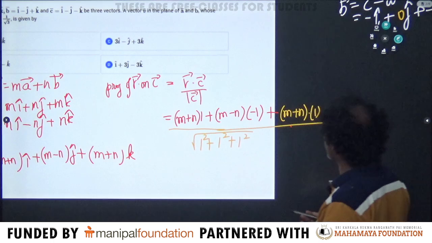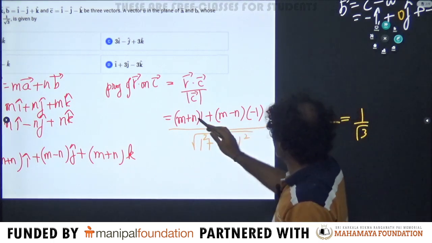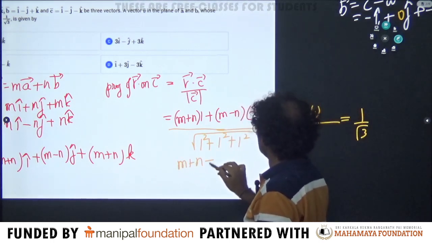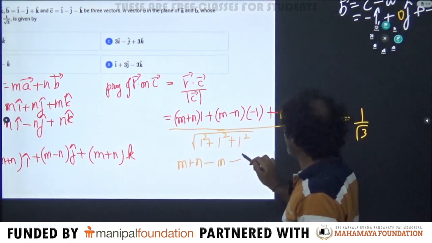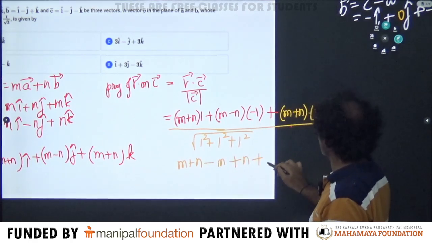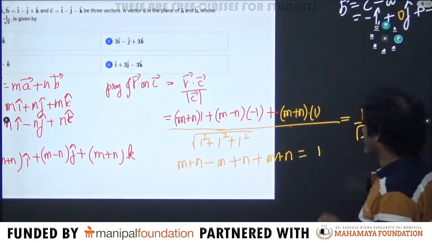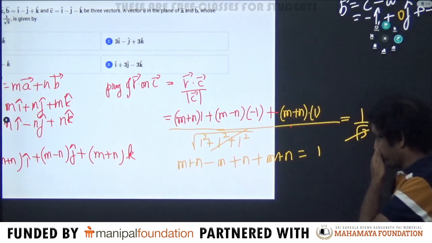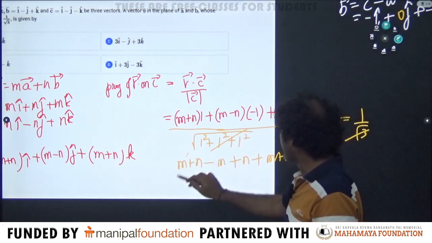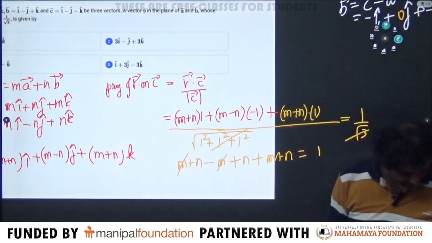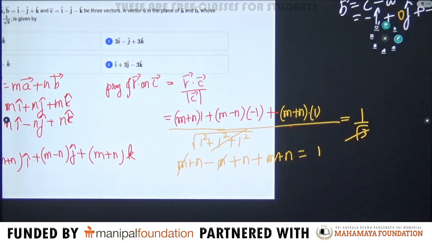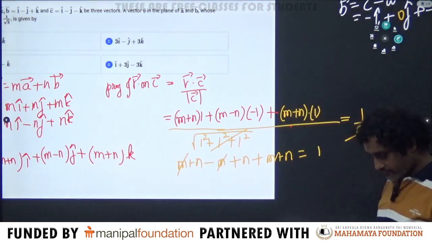So what we do is, just look at the top: m plus n, the plus becomes minus, minus m plus n plus m plus n is equal to 1, because this is root 3 and this is root 3, so they cancel. Correct? Yeah, we'll get one value, right? Did I do some mistake?